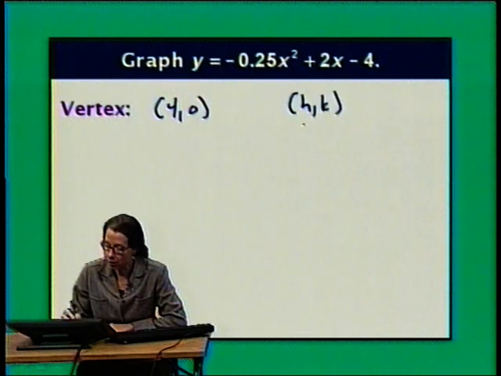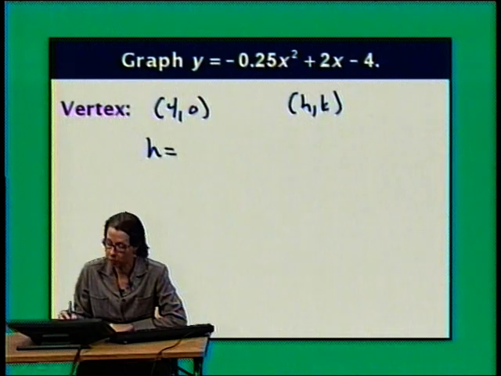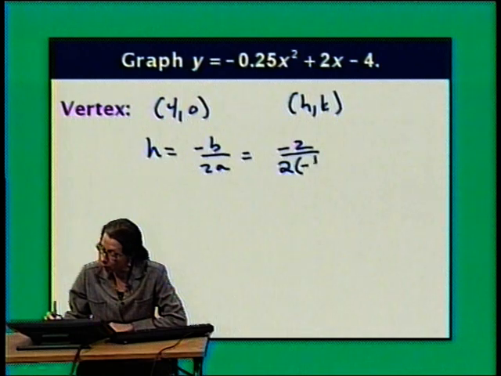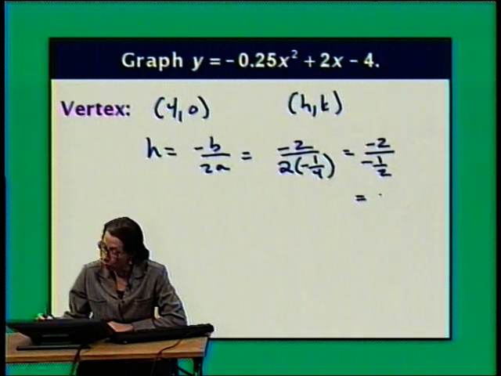Let's calculate the first coordinate of the vertex using the formula the opposite of b over 2a. That's going to be negative 2 over 2 times, and I'm going to write that decimal as a fraction, negative 1/4. So I have negative 2 divided by negative 1/2, negative 2 times the reciprocal of negative 1/2, which is positive 4.